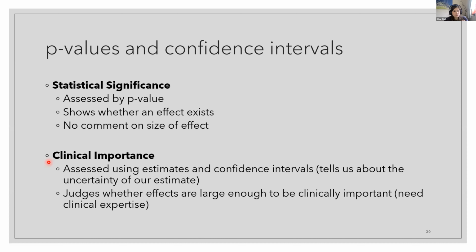Now, clinical importance, how do we assess that? Well, this is from your estimates. So what is the estimate of the difference between the groups, and what's the confidence interval? That's telling us about the uncertainty of our estimate of that difference. So from that, we can think about whether the effects are important. Are they large enough to actually demonstrate importance?